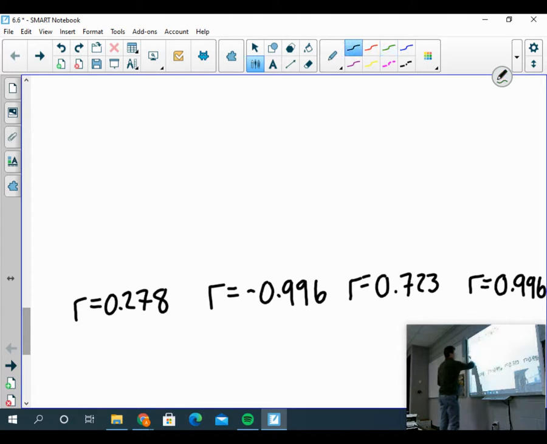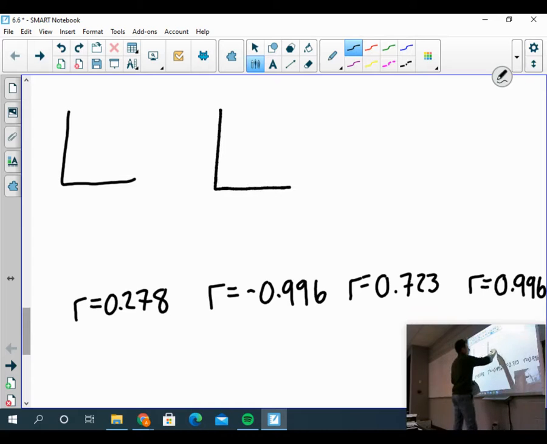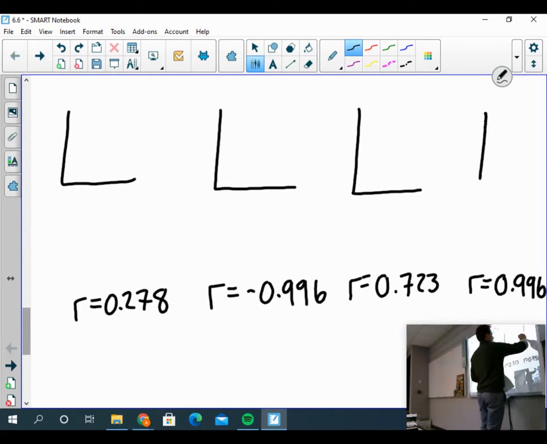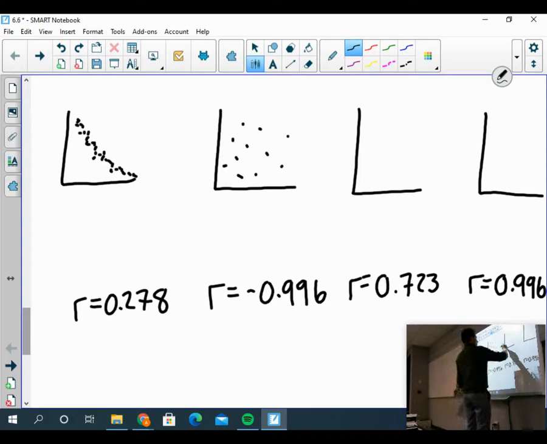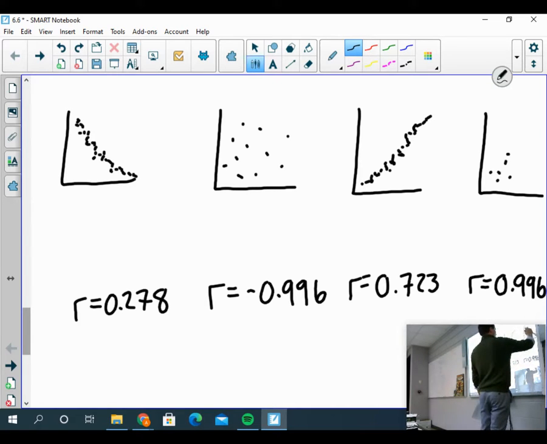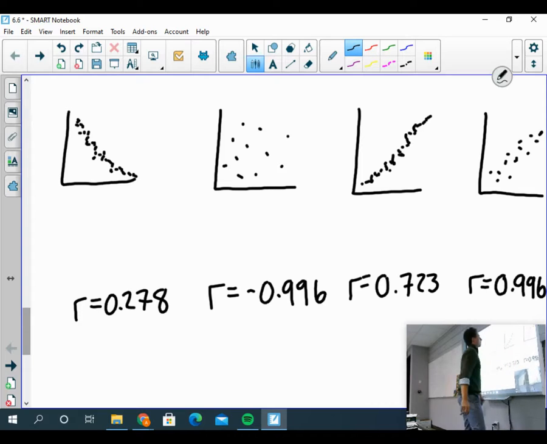Okay, so I'm going to draw for you 4 different graphs of data, and then you are going to match the correlation coefficient to that data. Okay, take a second, match the correlation coefficient to the data.